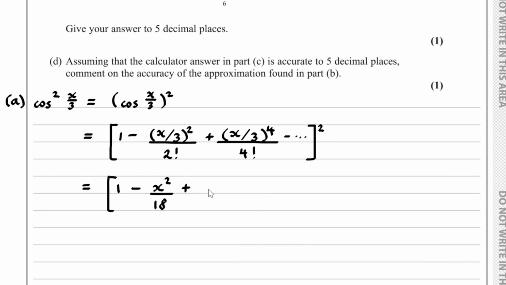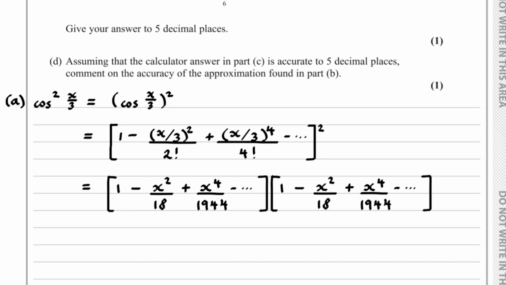So we add on x to the power of 4 over 1944. And then we've got other terms. Now, this is being squared, which means we would have to multiply this by itself. And that's what we see here.